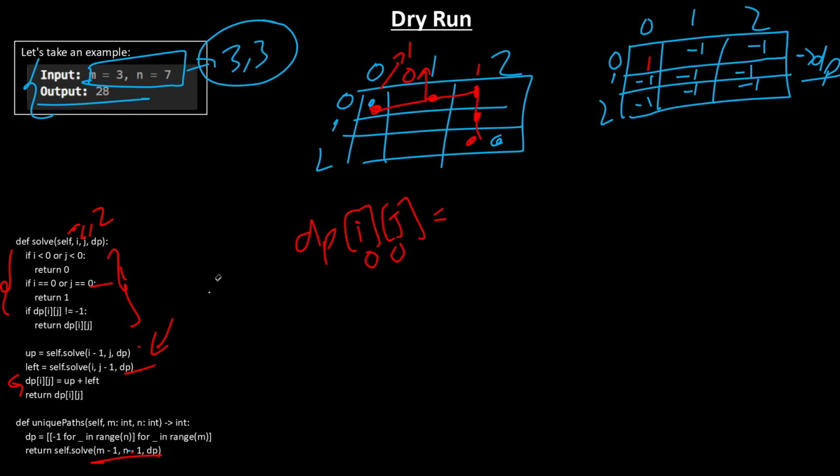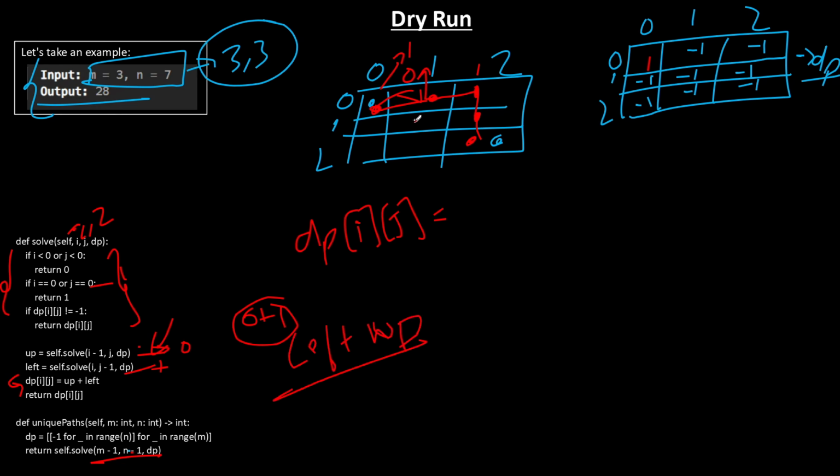Now we'll move back, because this is done. This function will be returned to its next value, to this part, correct? So this has only 1, which means 0 comma 0 returns 1. So 0 plus 1 means that left plus up value we are getting back. So it becomes 1 again.